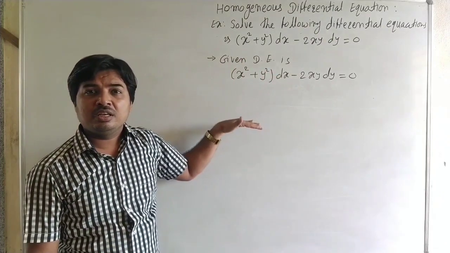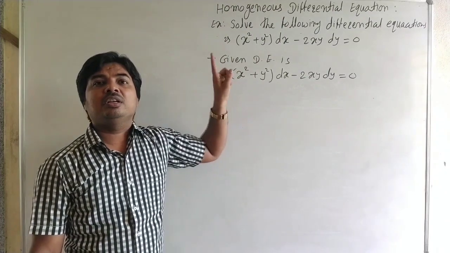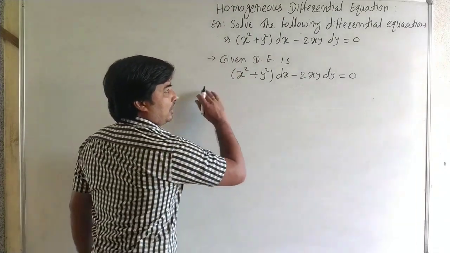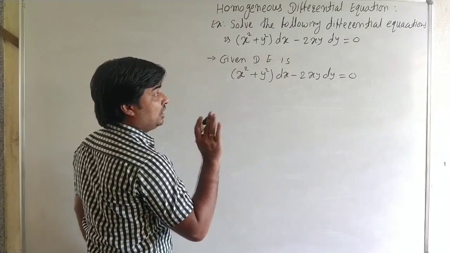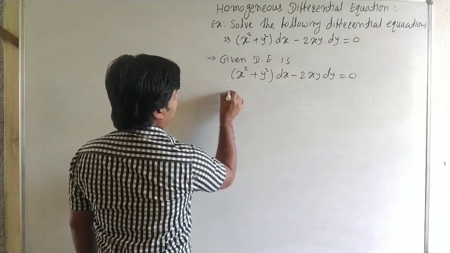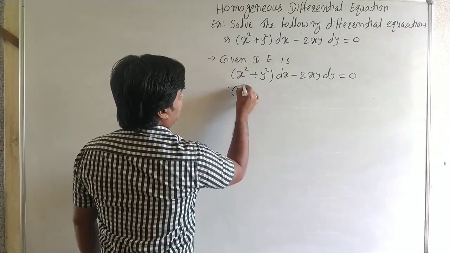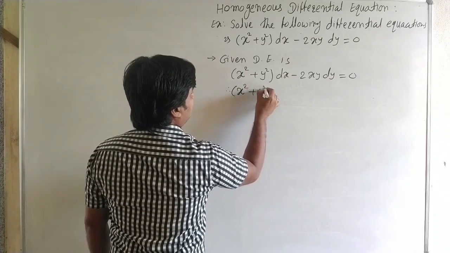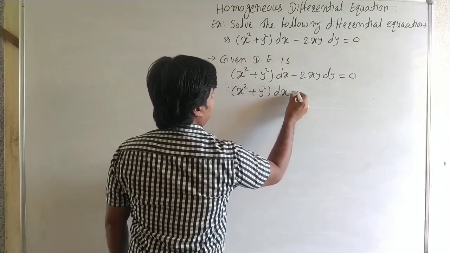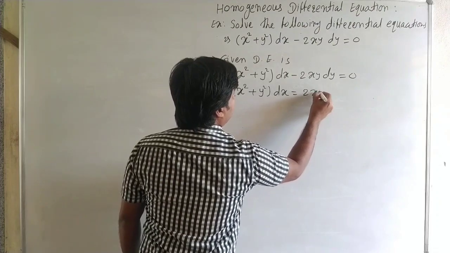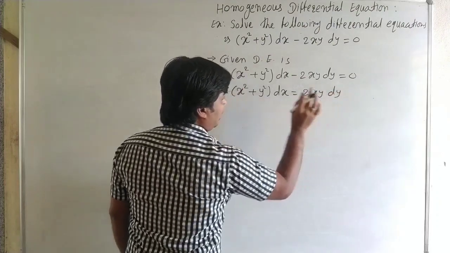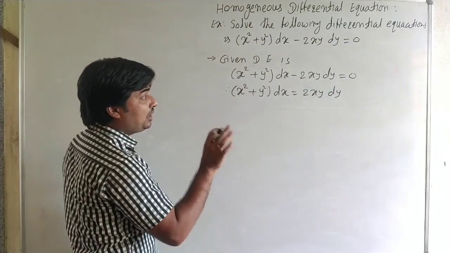Therefore, it is a second degree homogeneous differential equation. Okay. Now we write this equation in the form of dy by dx. Therefore, it is x square plus y square dx is equal to 2xy dy.